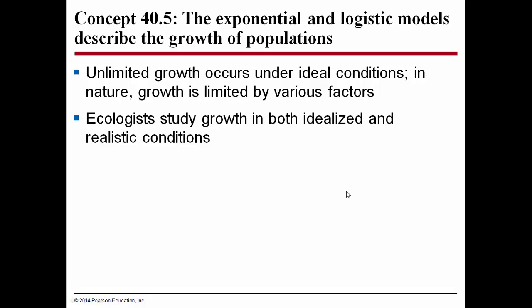Okay, the exponential and logistic models describe growth of populations. Unlimited growth occurs under ideal conditions in nature. Growth is limited by various factors. Ecologists study growth based on idealized and realistic conditions.